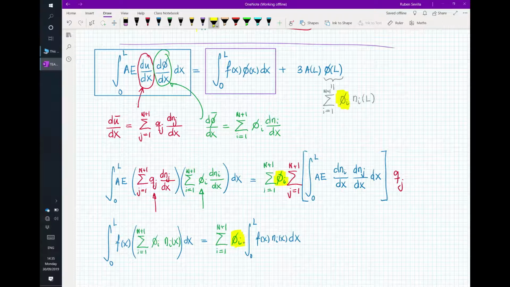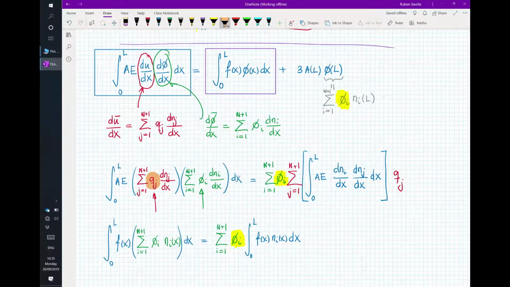What you end up with is the equation on the bottom. It's actually simpler because you only have one summation, not two anymore. You have all the terms with the derivative, so the Young modulus, the area, derivative of shape functions, multiplied by the coefficients, the q's, the unknowns, the ones I put in red in my slides here.